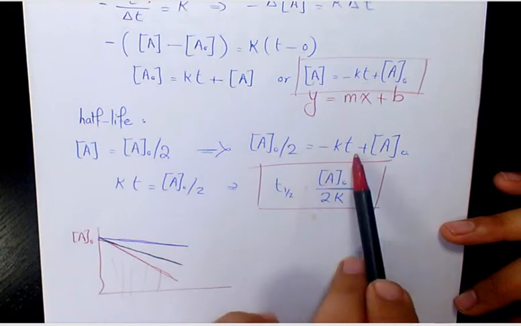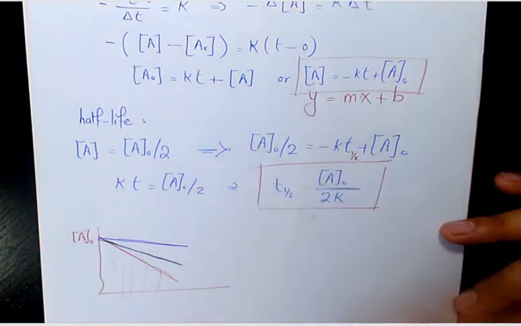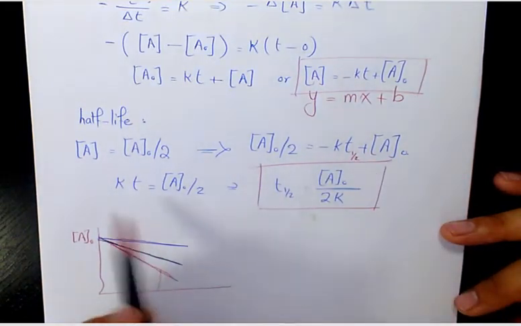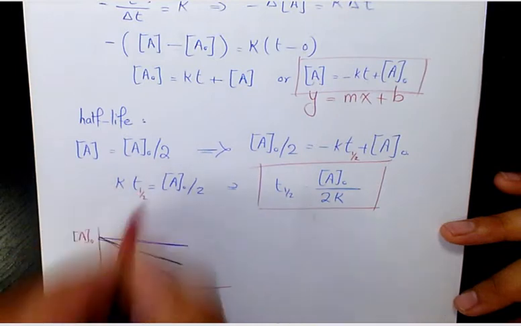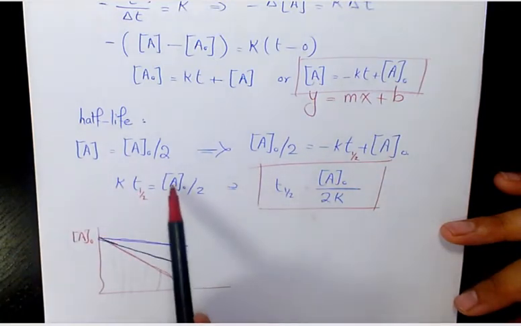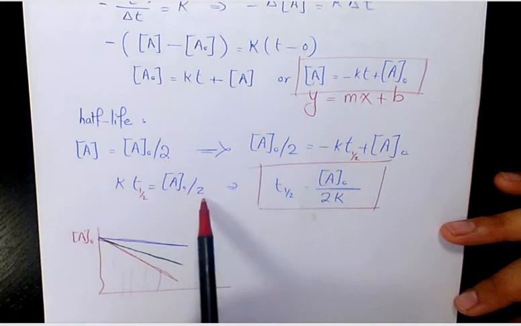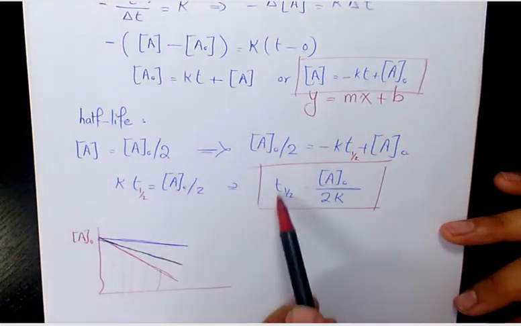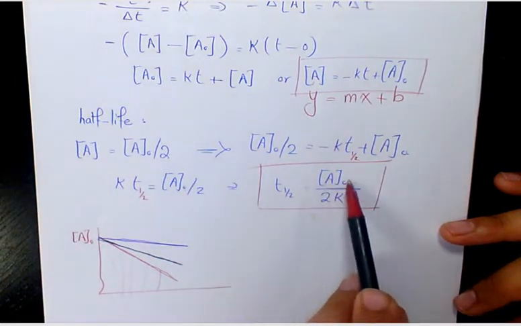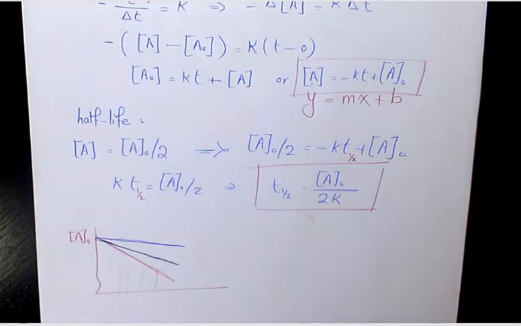In this case, time is going to be t half, which shows the half-life. So k times t half equals the initial concentration divided by 2, and when you solve it, t half is going to be the initial concentration divided by 2k. So that's the formula for finding the half-life of zero order reaction.